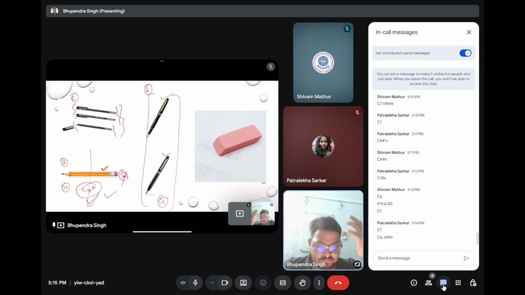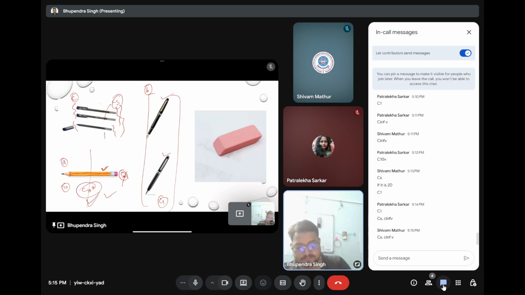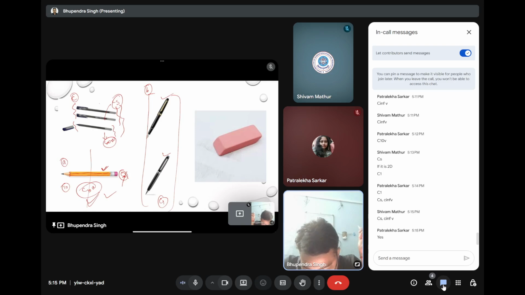C1, CS, C infinite V. Okay, CS for these two pens, I believe, and C infinite V for this pen. If this pen is fully rounded, then it is C infinite V. Perfect. But again, how come these two pens have CS point group?